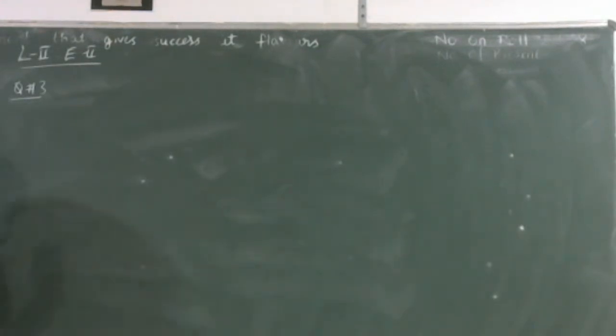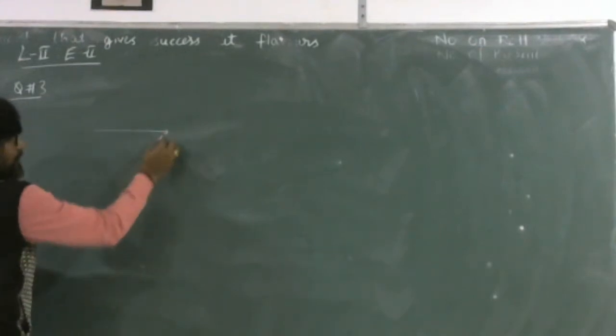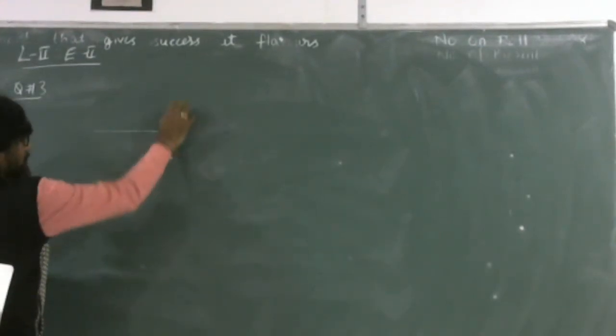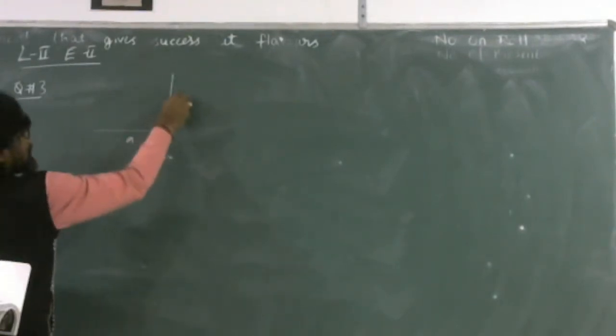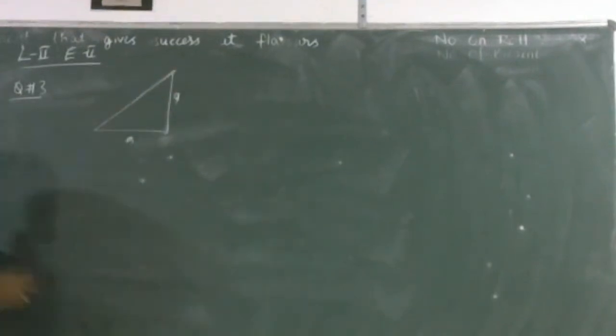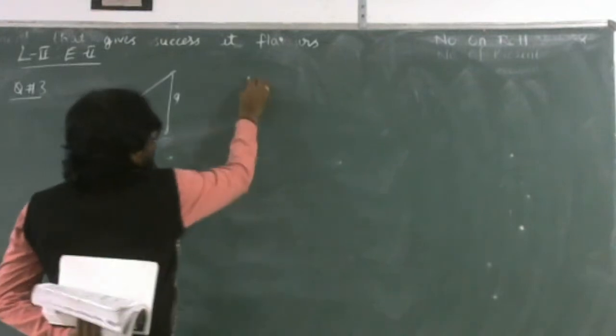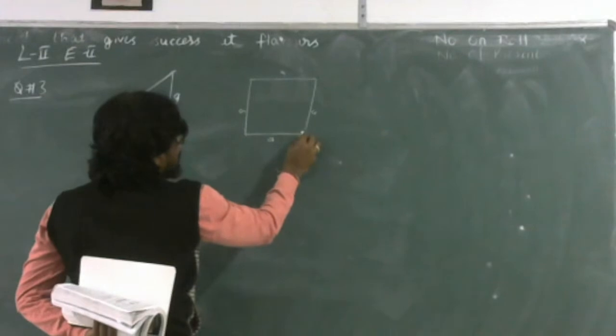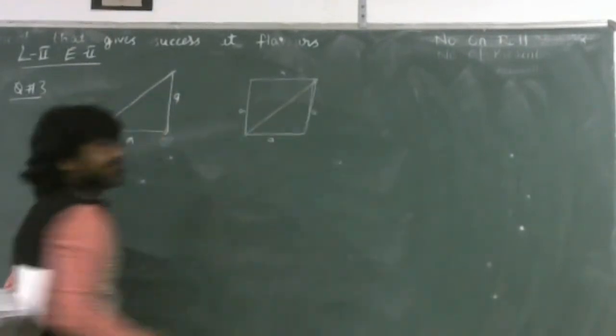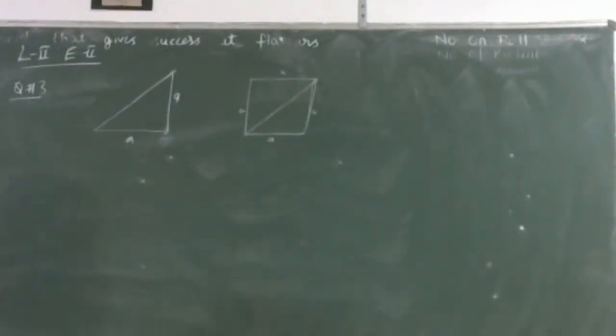If you have an idea of dealing with right angle triangles, you can understand this. Think of a square, all side lengths are the same, right? This is one side, this is another side, what will be the diagonal of a square? Root 2 a.